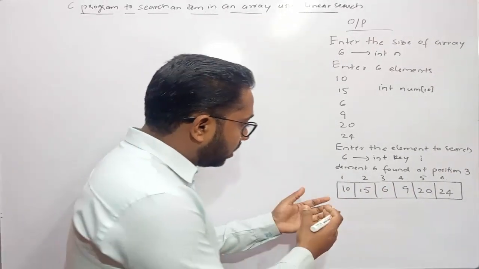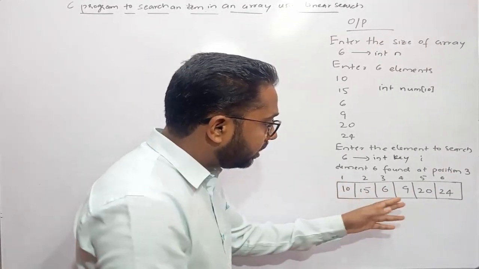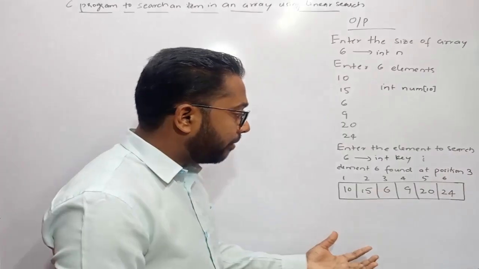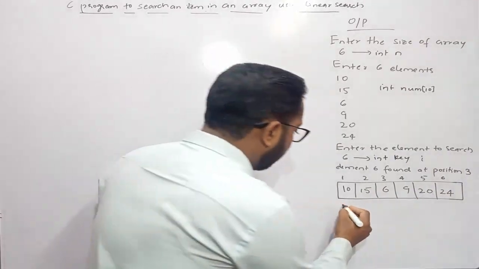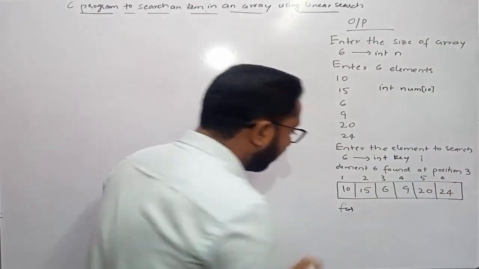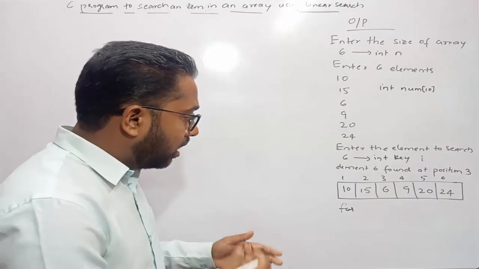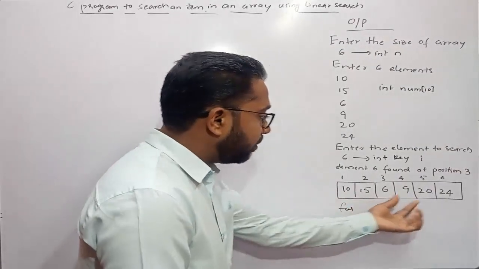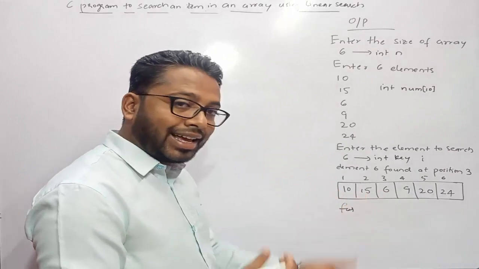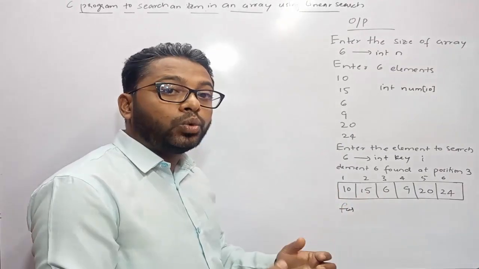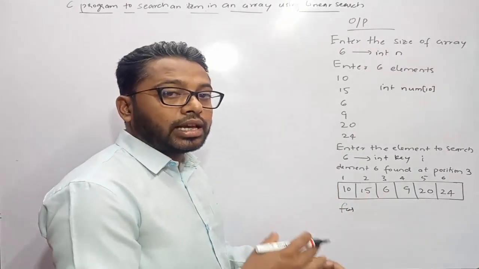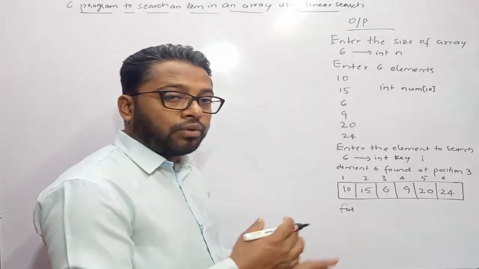Okay, since I am visiting each and every one of these locations of an array, I must use a for loop. Because one by one, every time I am visiting each position of this array, that can only be possible with a looping construct, and in this case the best looping construct is the for loop.